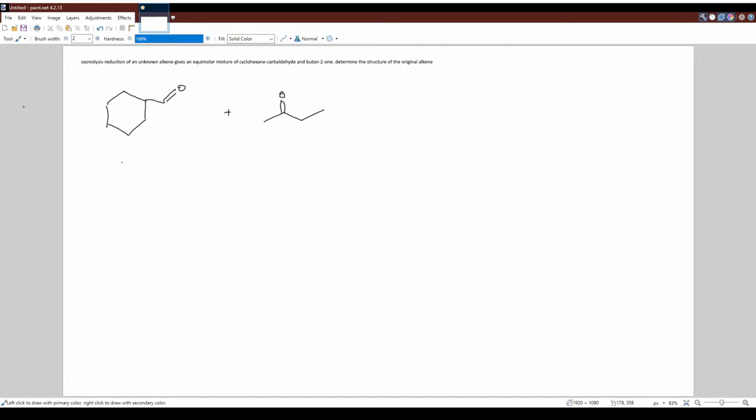Determine the structure of the original alkene. Okay, maybe the original alkene is something like this, maybe? Yeah. That's exactly it.